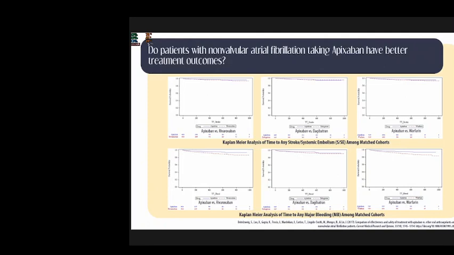Pero mas superior siya pagdating sa bleeding. So you know, when you start your patients on anticoagulants, you always weigh the risk and the benefit of giving the anticoagulant versus bleeding tendencies. So apixaban versus warfarin, actually compared to warfarin, magaganda naman na ang ating mga NOACs. Okay? Next slide.